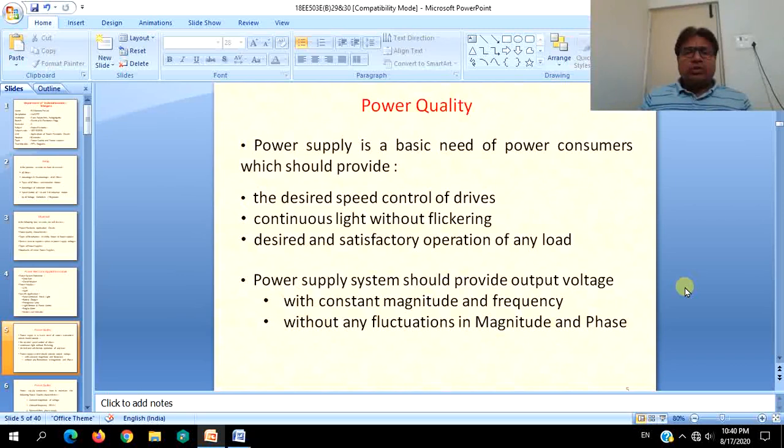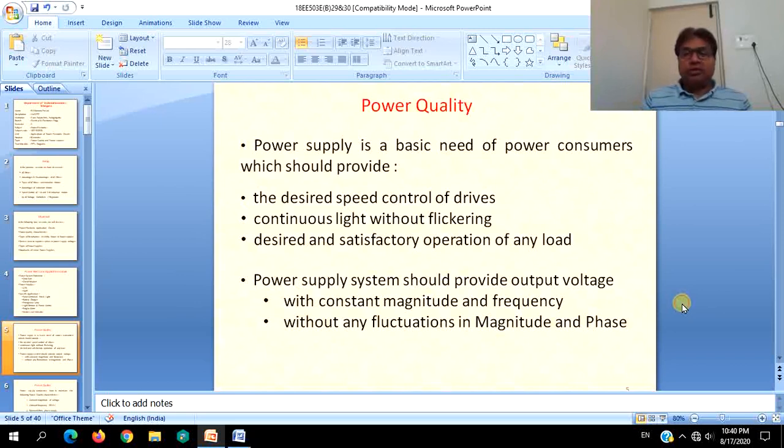The prime motto of any power quality control engineer or power engineer is to provide output voltage with constant magnitude and frequency and without any fluctuations in magnitude and phase, always, irrespective of the load conditions, that is no load, light load, half load or full load.